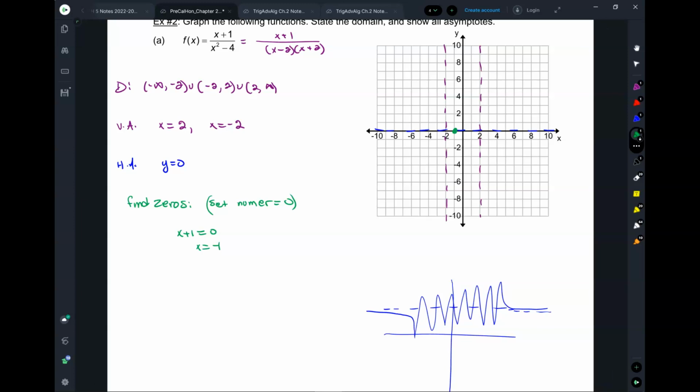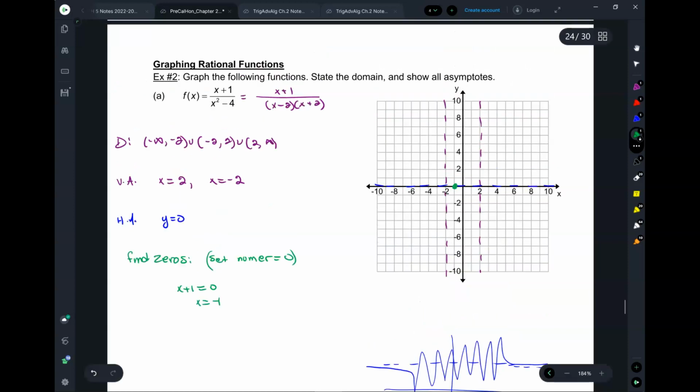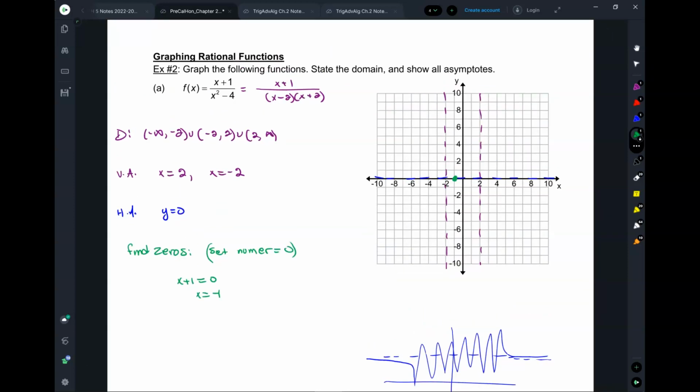Okay, now, in Precalc, we want to look at the big picture, right? So we step away from the mundane plugging in points, except where necessary. Take a look at this.